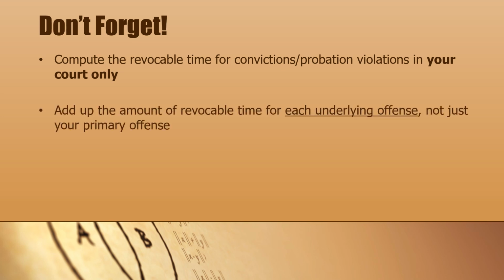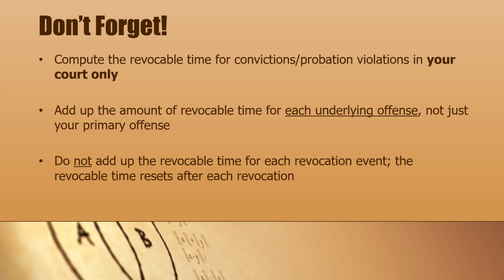Next, when calculating revocable time, remember that it is the sum of all the suspended time for each underlying offense in the probation revocation event, not just the revocable time for your primary offense. And lastly, remember that when calculating revocable time, it resets after each revocation hearing, so you do not add up the suspended time from the original sentencing and the previous revocation events.